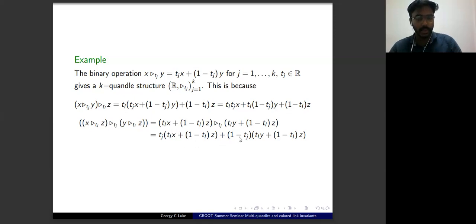If we compute this, we see that all the coefficients of x and y are the same, and the coefficients of z, some of them get cancelled, and the coefficient of z will be 1 minus TL only. So they are equal, and this forms a k-quandle structure.